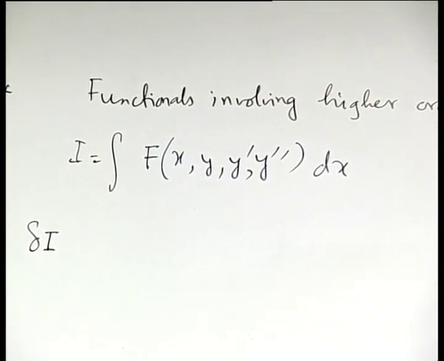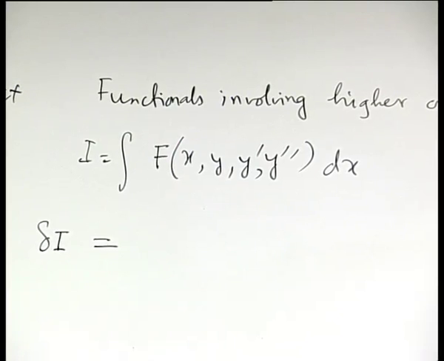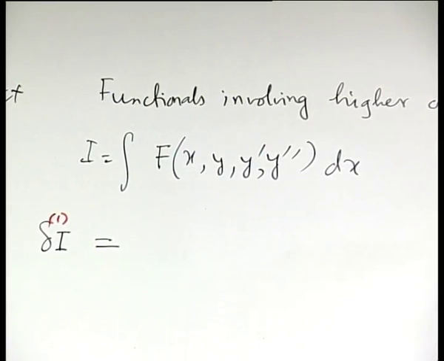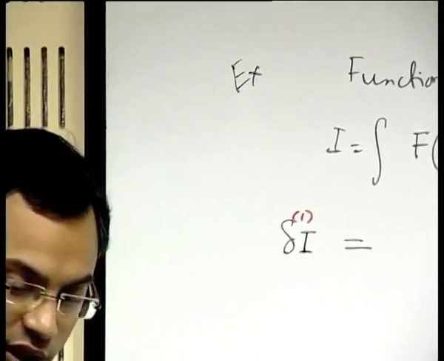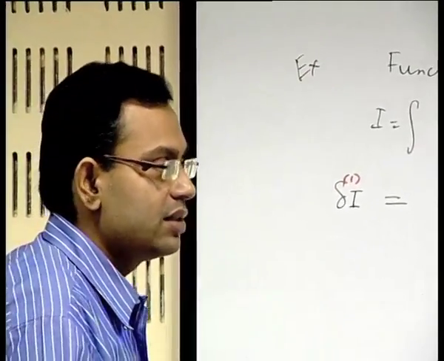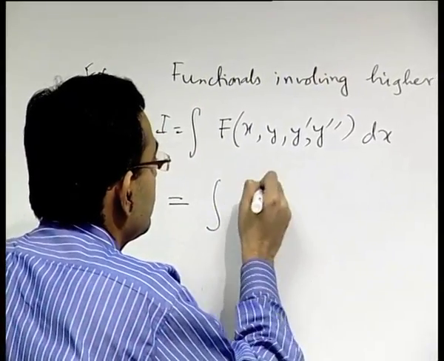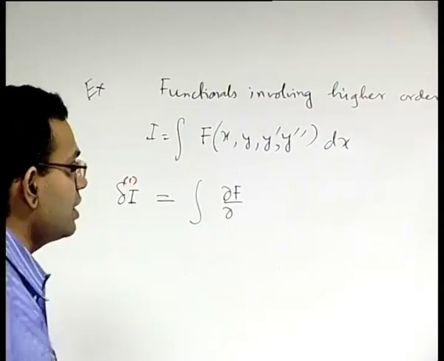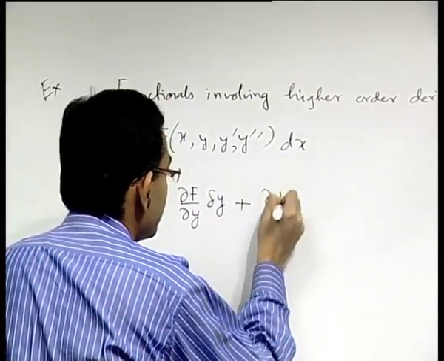So, let us consider delta I. Sometimes in this delta notation, if one is interested to write it more rigorously, one may use superscript 1 to indicate that it is a first order variation, because there could be even higher order variations that one can apply, but we will omit this superscript and usually write delta I. So, we will now consider y, y prime and y double prime and write it as a sum of 3 variations.